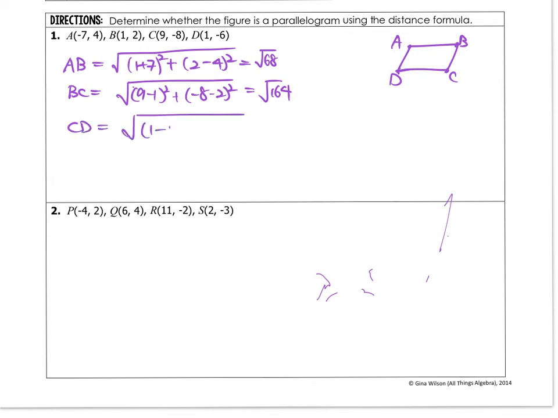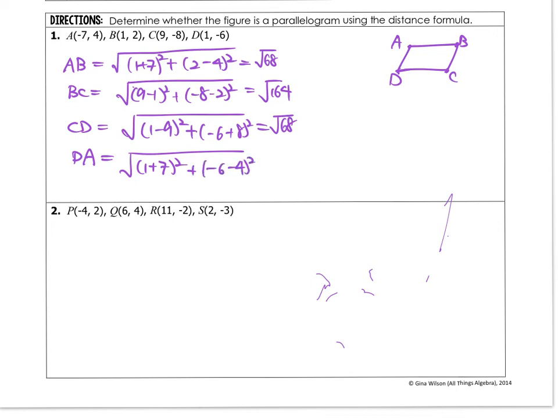CD is 1 minus 9 squared plus negative 6 plus 8 squared, and I have root 68. That's good news. Finally, I calculate the length of DA: 1 plus 7 squared plus negative 6 minus 4 squared, and that should give me square root of 164.